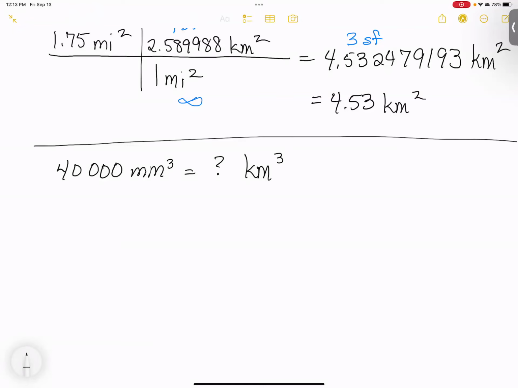Because they have the term meter in common, it's the metric prefix conversion factors. If you look up the metric prefix conversion factors, 1 millimeter is equal to 1 times 10 to the minus 3 meters. And 1 kilometer is equal to 1 times 10 to the third meters.